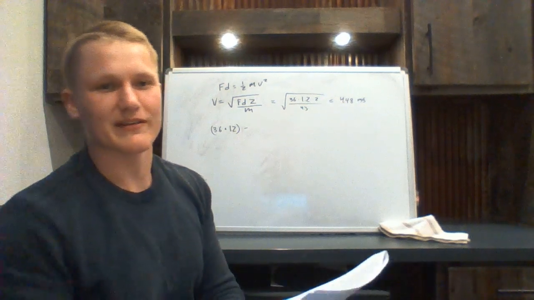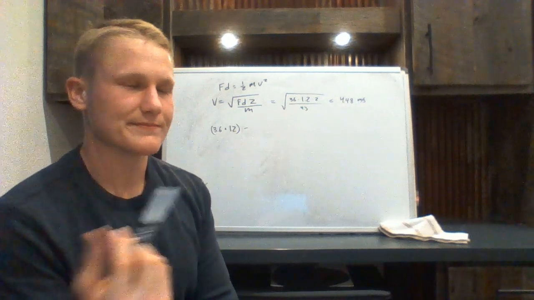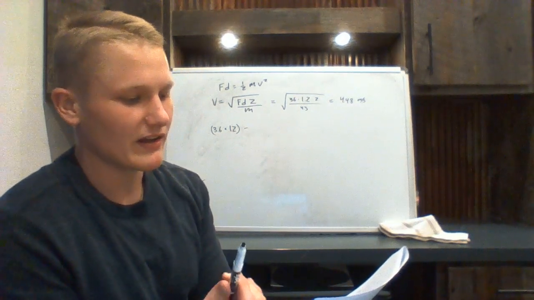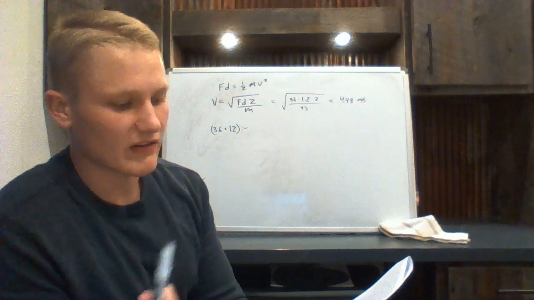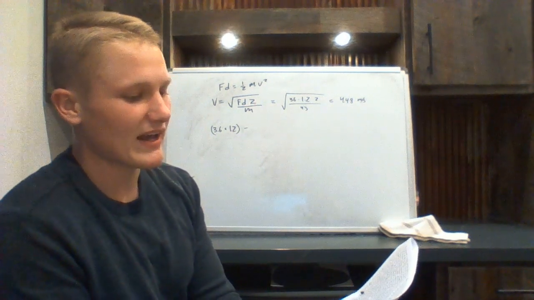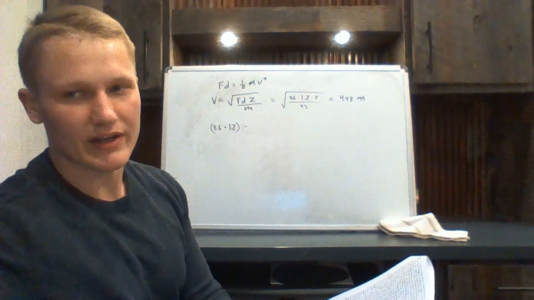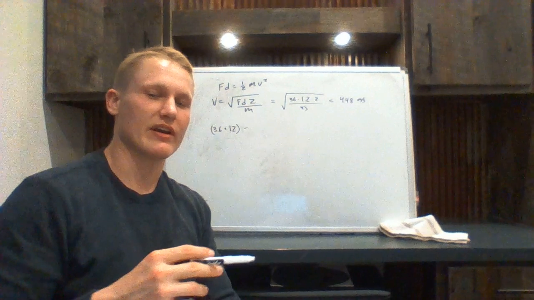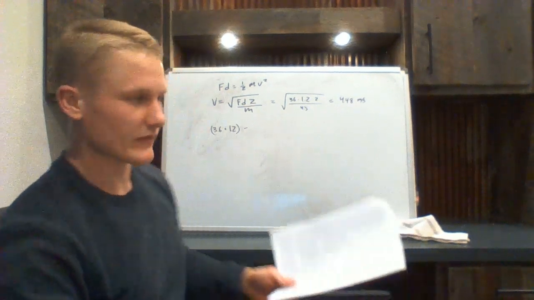Oh, I never said what part B was. It says we need to find the final speed or the final velocity if the coefficient of kinetic friction between the 12-pack and the floor is 0.3. So we need to take that 0.3, well, let's start here.